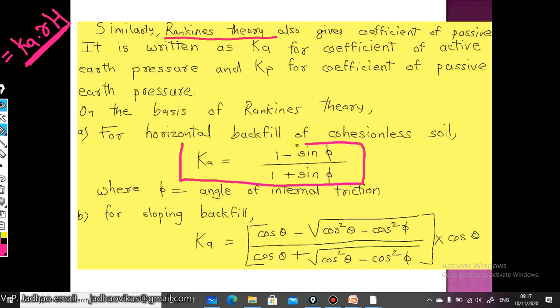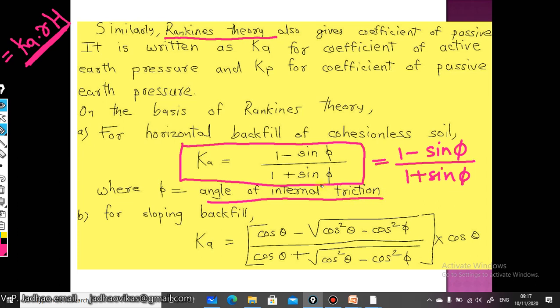The coefficient of active earth pressure is given by Ka is equal to 1 minus sin phi divided by 1 plus sin phi, where phi is the angle of internal friction.